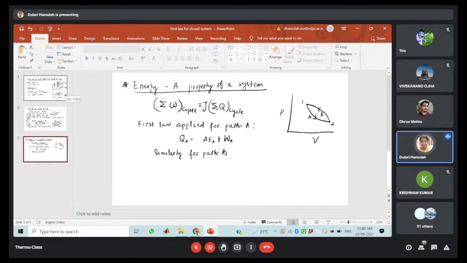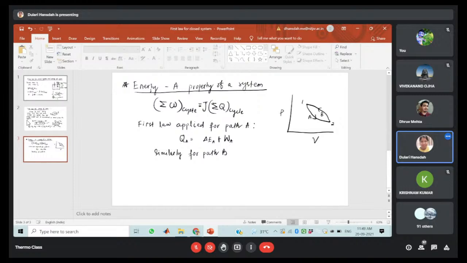Got my point? So Joule's equivalent we are not providing. So ma'am, the answer will not vary. It will be directly W cycle equals Q cycle. It will vary if we are considering a practical example. It is the constant, Joule's constant.